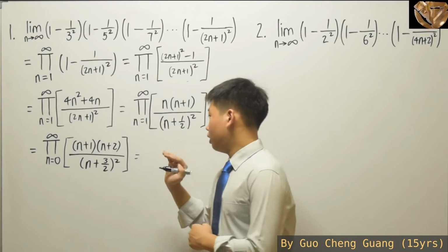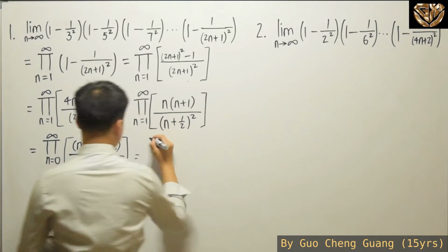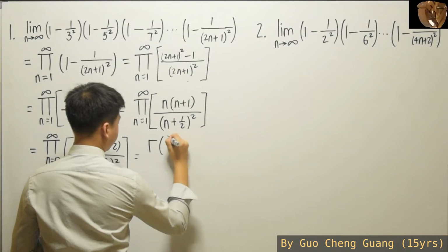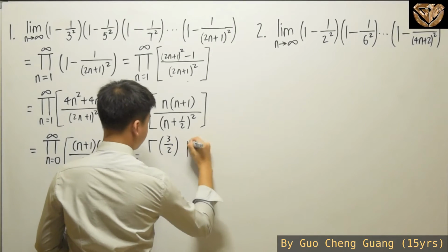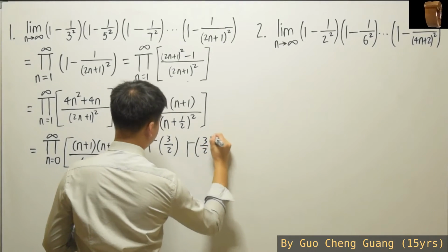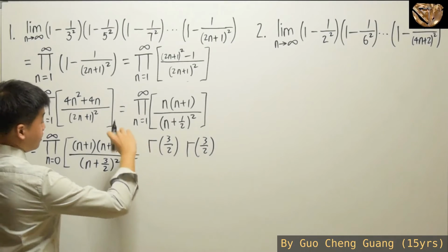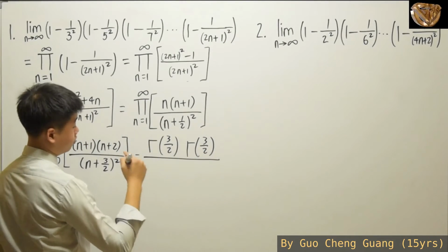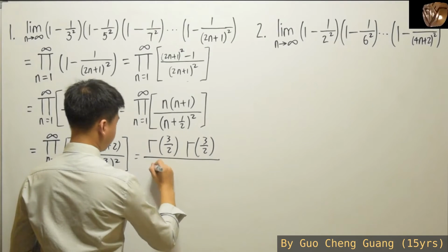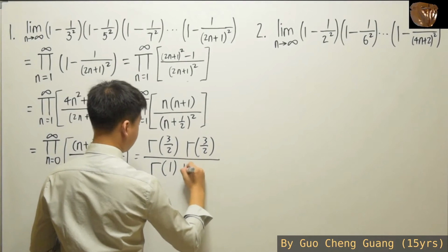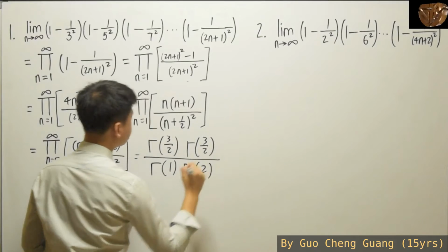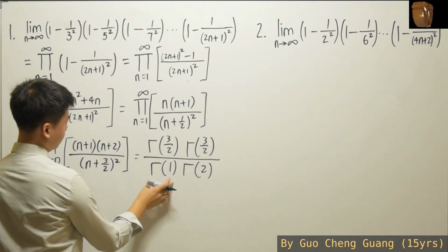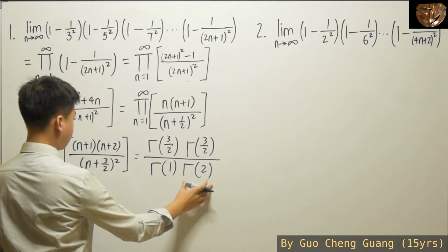What you would see is gamma 3 over 2 times gamma 3 over 2. Beware, it is kind of inverted. So gamma 3 over 2 squared over gamma 1, gamma 2. Gamma 1 is 1, gamma 2 is also 1.